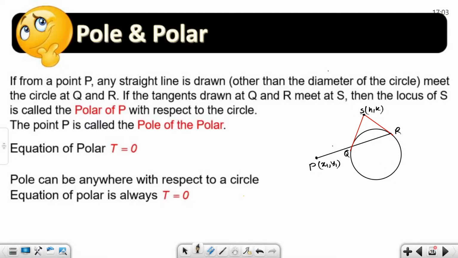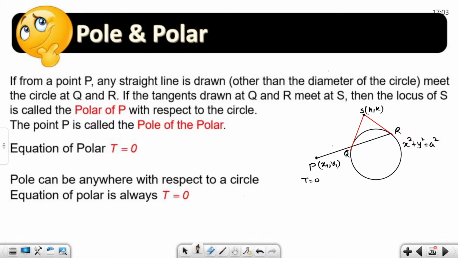Okay, so see this one. The equation of the chord of contact is T equals 0. Let me take the equation of the circle as x square plus y square equals a square. I am taking the standard one. You can do it by the general equation also; you are going to get the same thing.